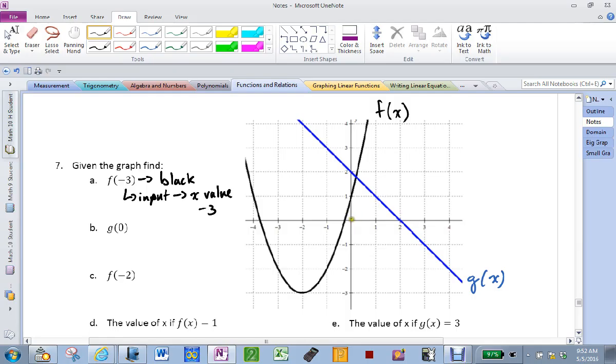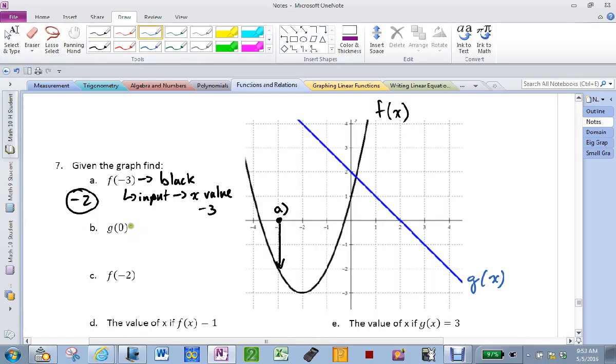Where's negative 3? Left. So there I have an input. What is my output? How do I find the output? I find where the line is. So the f of negative 3 is what? Negative 2. Does everybody see how it's done? That's A. Is everybody good?